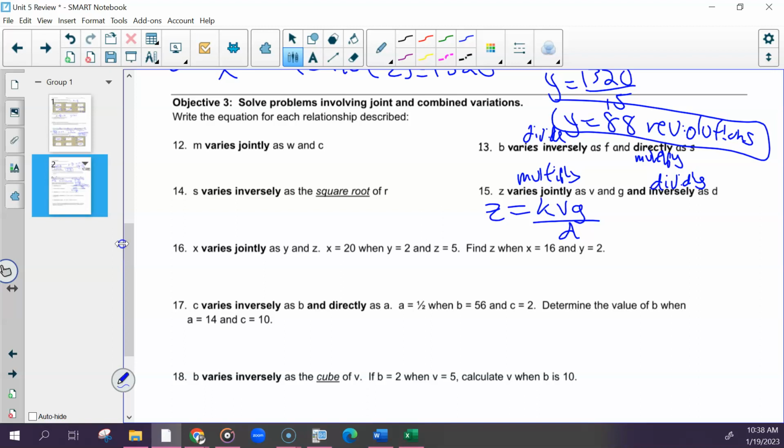B varies inversely is B equals K. We're dividing, so as F, divide F, and directly as S. So multiply S to the side of it, or you can write it as B equals KS all over F. Either of those is fine. S should not be in the denominator though.